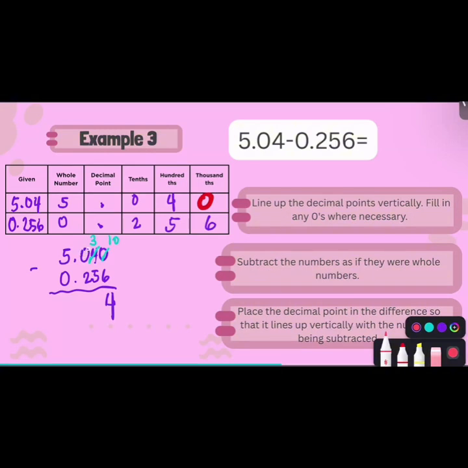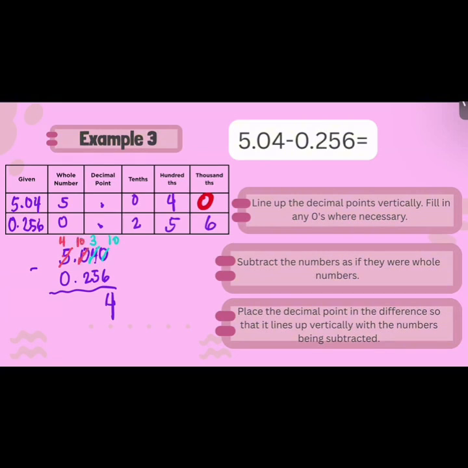Since we cannot borrow kay 0, hindi tayo magbo-borrow dito. Then we are going to borrow kay 5. So, when we borrow, 5 becomes 4, si 0 becomes 10, and then since we are going to borrow, para yung 3 ay masubtract kay 5, si 10 magiging 9.